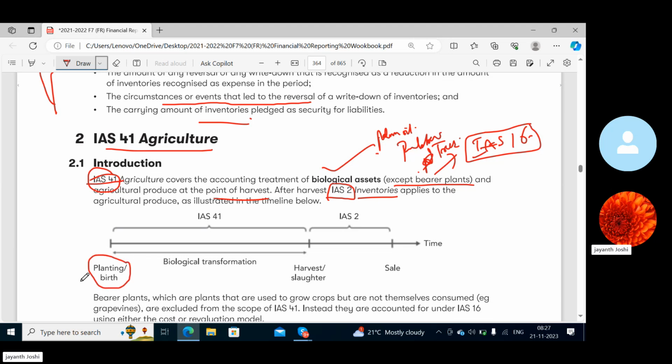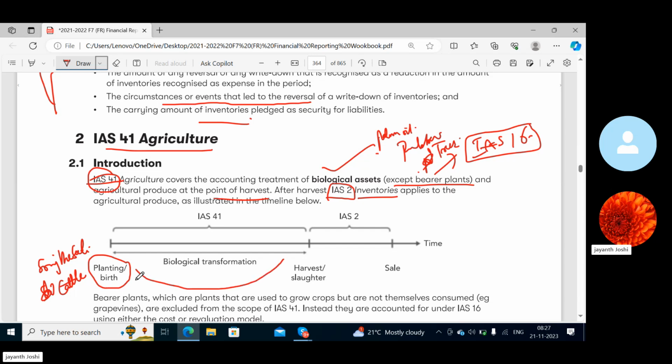So first you will be planting the seeds, you will be sowing the seeds, or the birth of some offspring of some animal will happen, like sheep or some cattle. Then this particular seed will blossom and transform into some plant or tree, right?